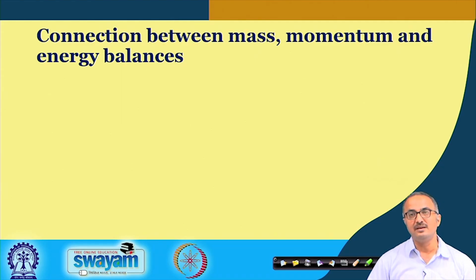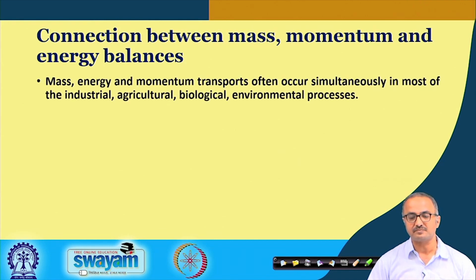Now, let us see how these three things are connected, the mass, energy and momentum balances. As I was telling you, for many applications all these three occur together, for example in industrial processes, agricultural processes, and biological and environmental processes.